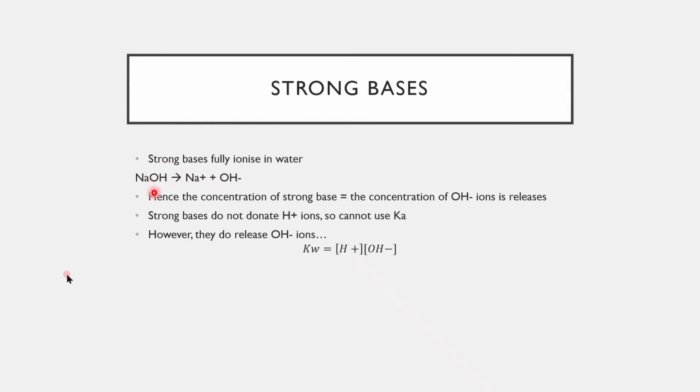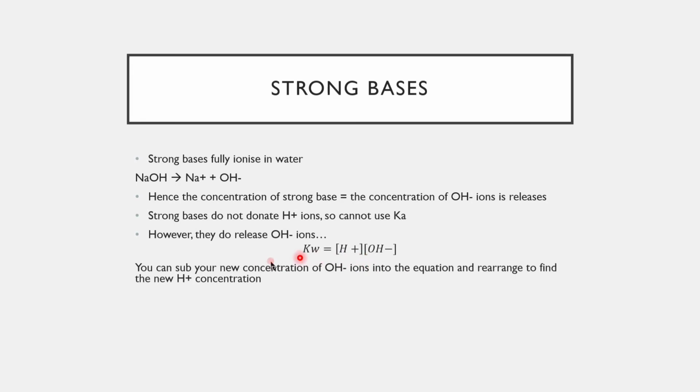And because it is a strong base in water, we are able to use the equilibrium constant Kw, because the water is at an equilibrium with the water ionizing. So even though our NaOH isn't in equilibrium, the water is, so we're able to use this constant to rearrange to find our H plus.